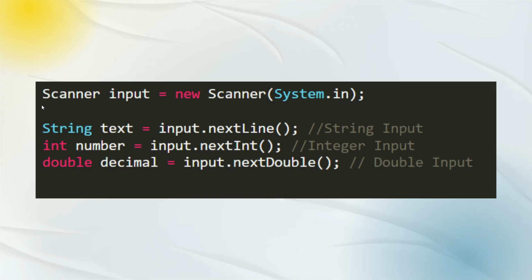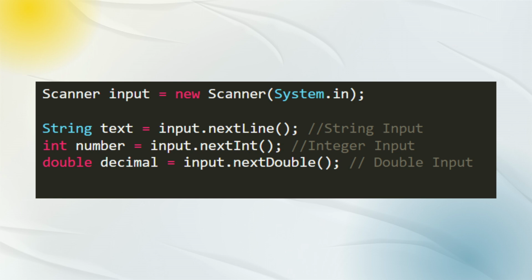So we have this here, and how do we take input? Now that we have Scanner input = new Scanner(System.in), how do we take input? There are three ways to take input. You can take a string input, an integer input, or a double input, and all of these are done using the .next keyword.